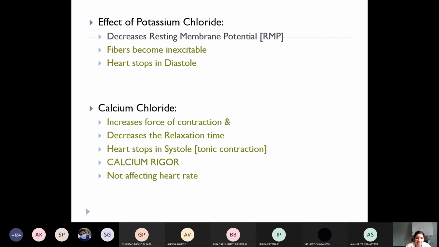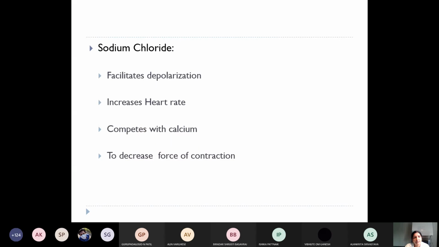And it hardly comes back to the relaxation period if you put more concentrated calcium. So it does not have any effect on heart rate. Hypercalcemia will not have any effect on increasing or decreasing heart rate, but it makes the heart arrest in systole. That is tonic. This calcium rigor occurs, right?